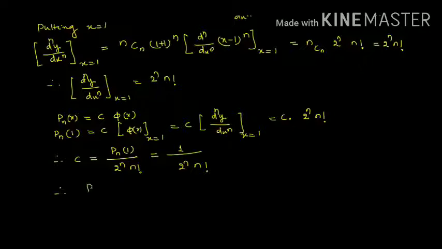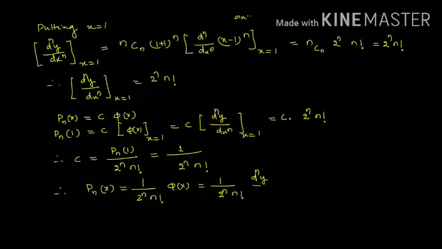Hence Pn of x is equal to c phi of x. c is 1 by 2^n factorial n into phi of x, which is equal to 1 by 2^n factorial n d^n y by dx^n.